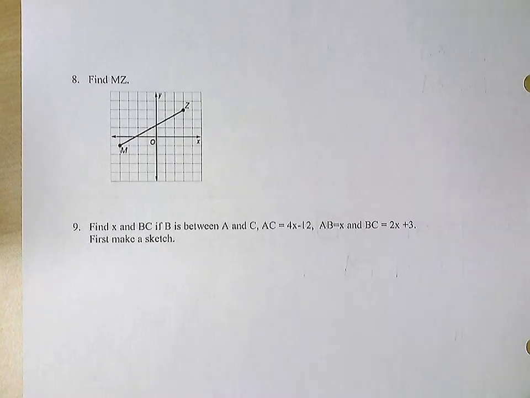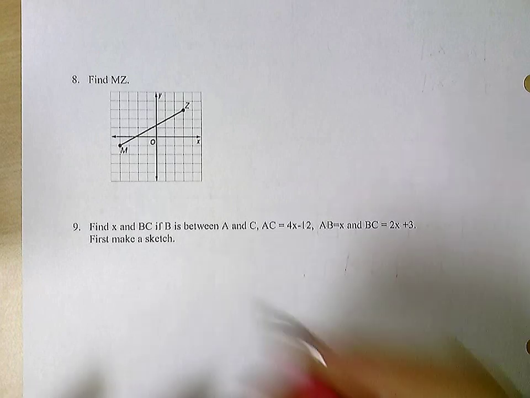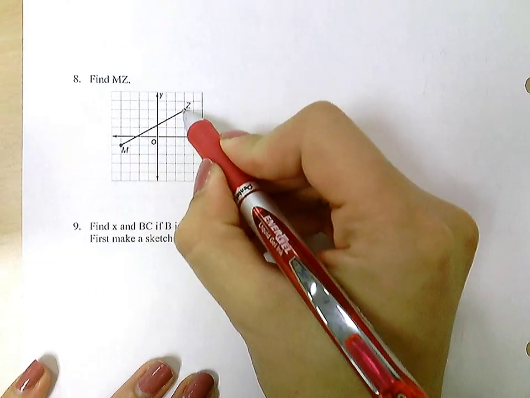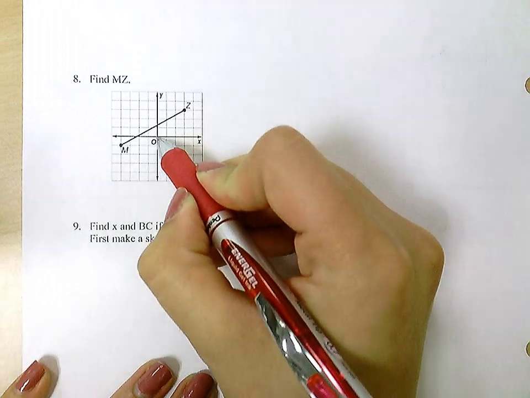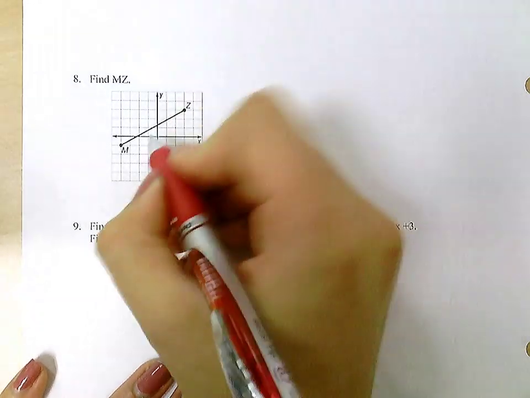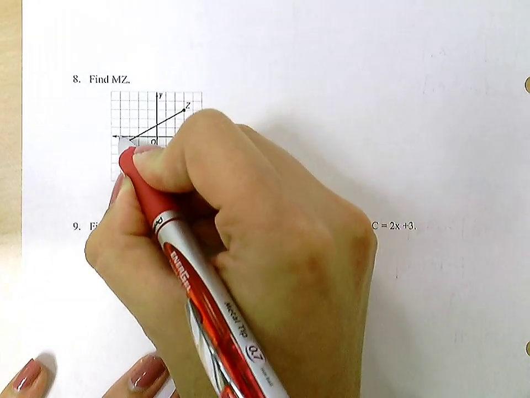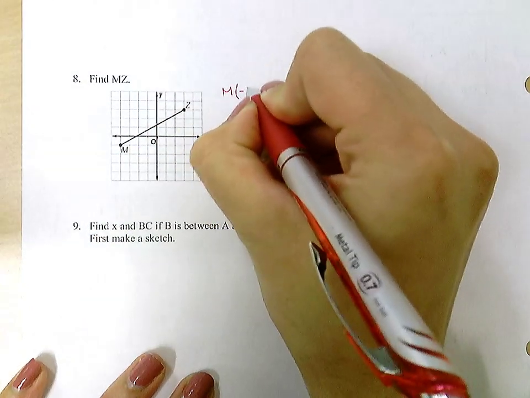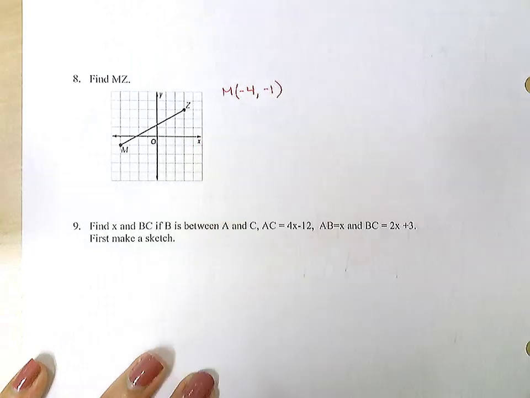Since I'm given a graph, I have to find those coordinate points, point M and point Z. I'm going from the origin, left 1, 2, 3, 4, and down 1. So point M is at -4, -1.